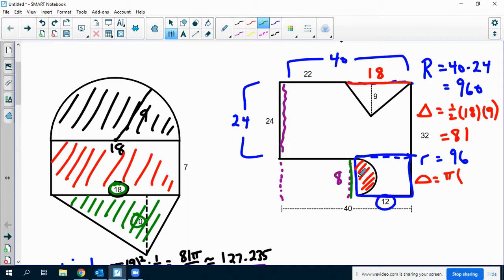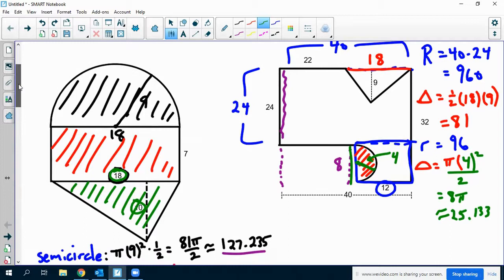If the diameter is 8, the radius must be 4. So pi times 4 squared divided by 2 gives me 8 pi. 8 pi is about 25.133.